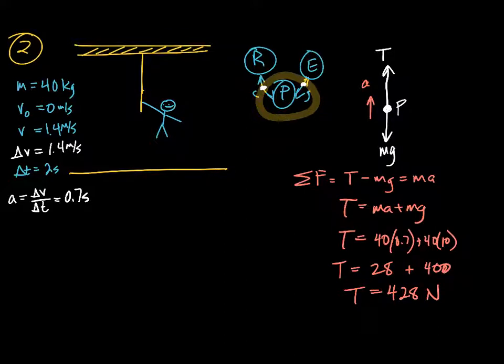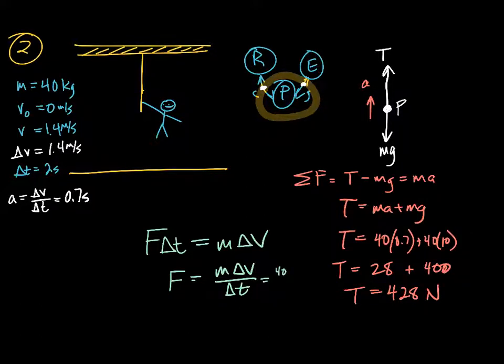All right. Now, just to bring in the impulse momentum theorem, F delta T equals m delta V. If I solve this for force, all right, then I'm going to get 40 times 0.7. Oops, that's not correct.